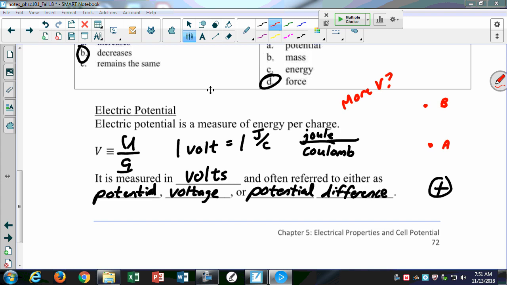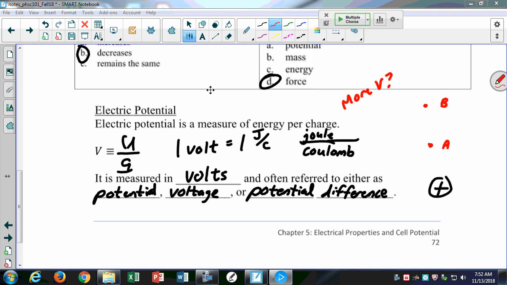Yes, it has more potential for energy, but particularly potential for what? When we talk about potential energy, that's the potential for motion. So if I have a charge here at A, whether it's positive or negative, it's going to have more potential for motion just because there's a bigger force involved. Whereas if I have an object at B, it's going to have less potential for motion.